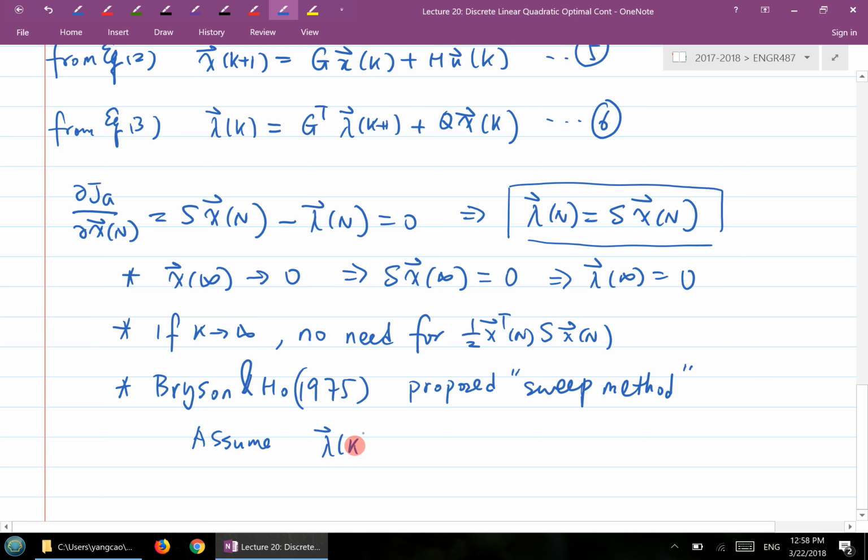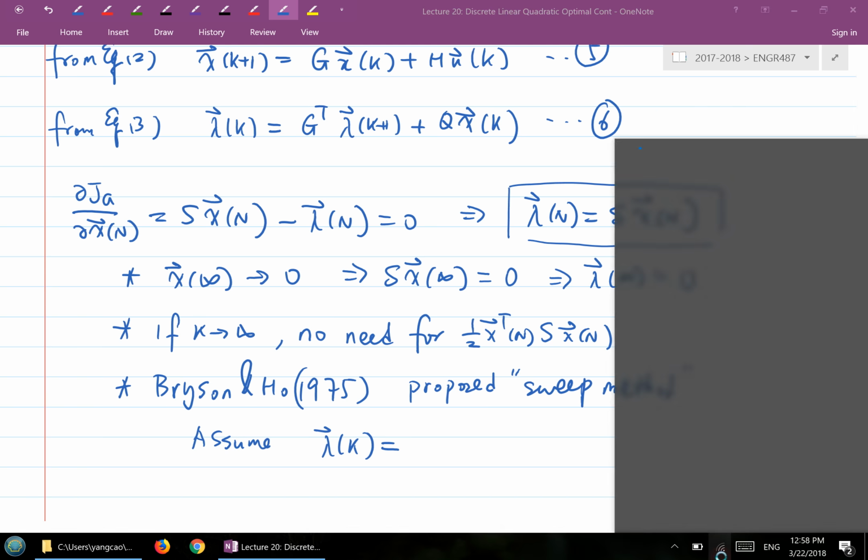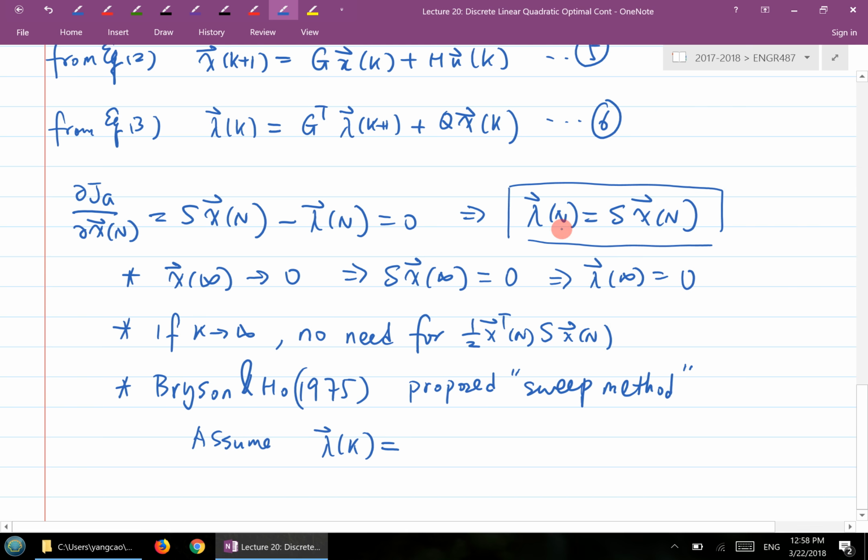Since the result tells you lambda n equal to S times x of n, can we assume that lambda k equal to P k times x of k?